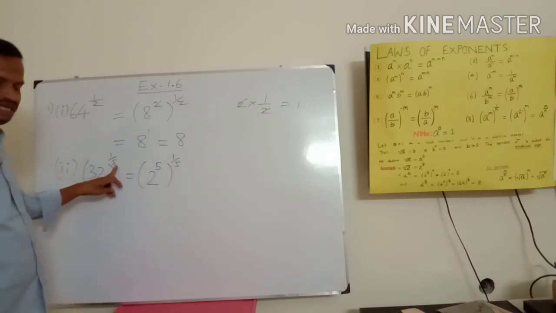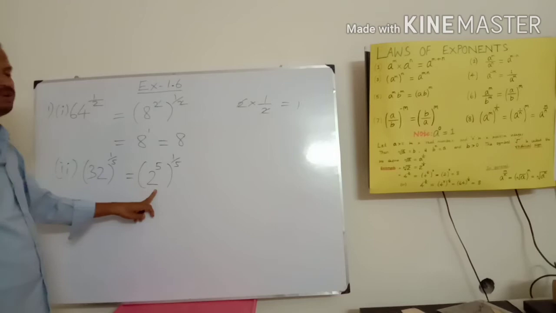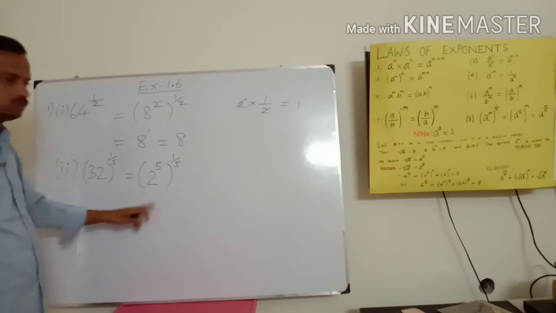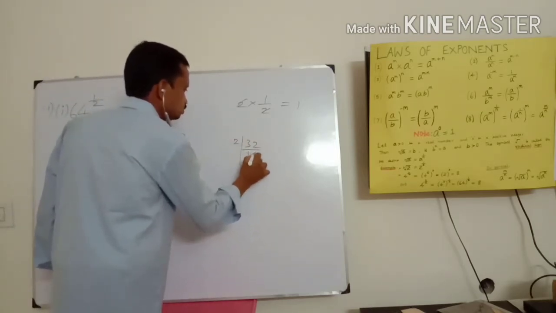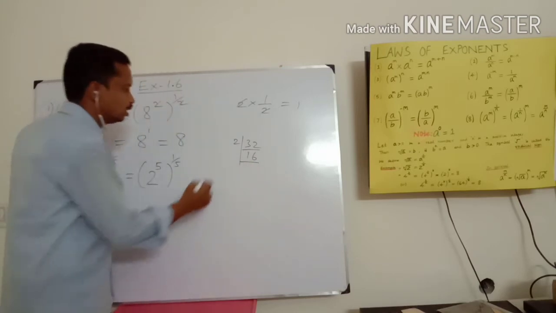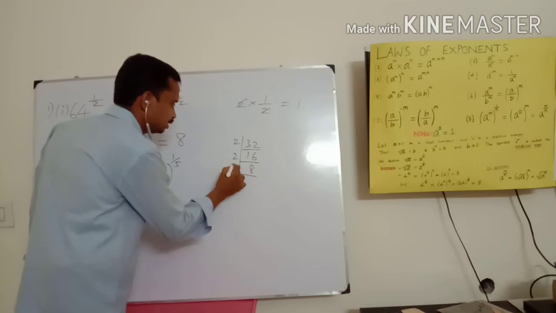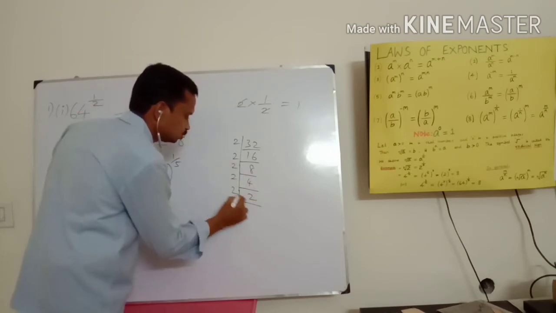So by observing the exponent, you have to change the base into exponent form. 32 we can write in exponent form as 2 power 5. So we know how to find that. 32 means 2 16s are 32, again 2 8s are 16, and then again 2 4s are 8, and then 2 2s are 4, 2 1s are 2.